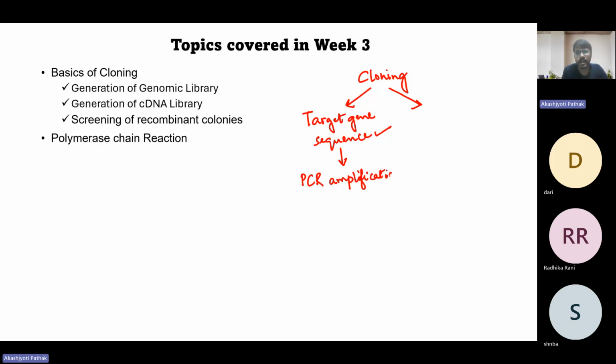So we can design the forward primer and reverse primer. For designing the forward primer and reverse primer, first of all, what is required? We need to know the gene sequence. If we do not know the gene that is to be cloned in our vector, then we cannot go for PCR amplification. For PCR amplification of a particular gene, the sequence must be known. Then only we can clone it using PCR amplification, isn't it?